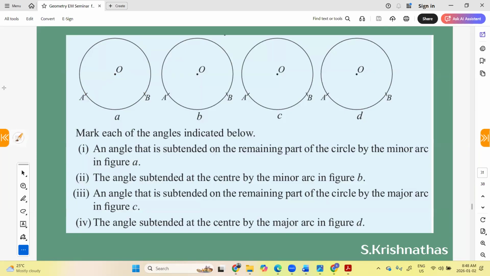The angle that is subtended on the remaining part of the circle by the minor arc. So the minor arc subtends an angle at the remaining part of the circle. The angle is subtended at the center by the minor arc. The minor arc subtends an angle at the center.